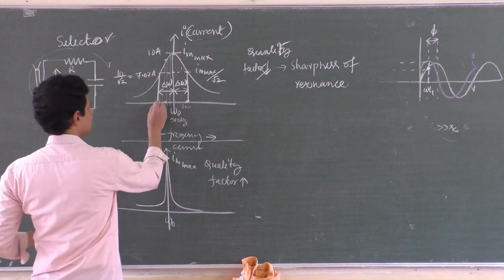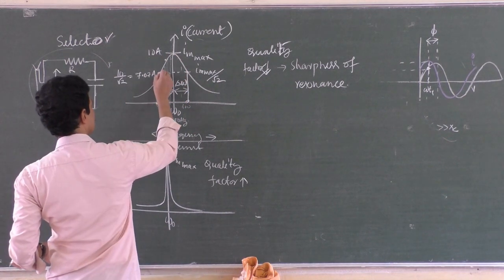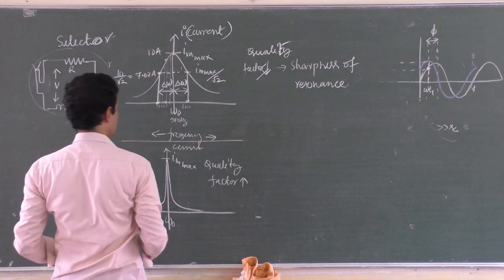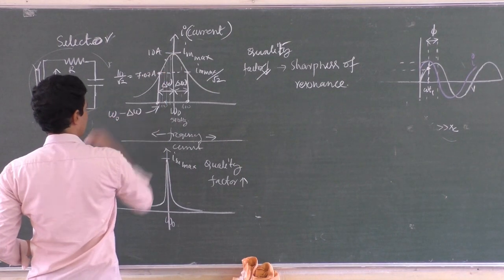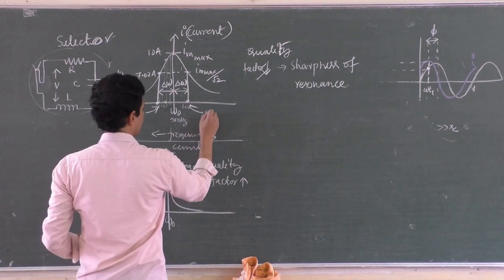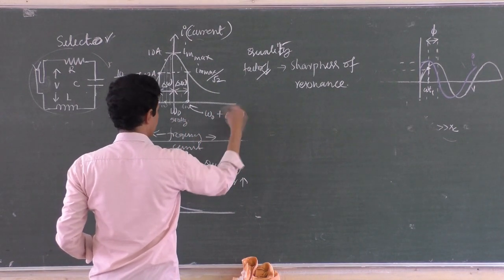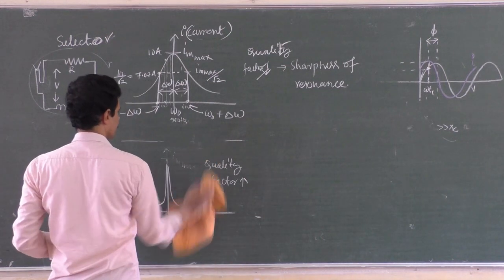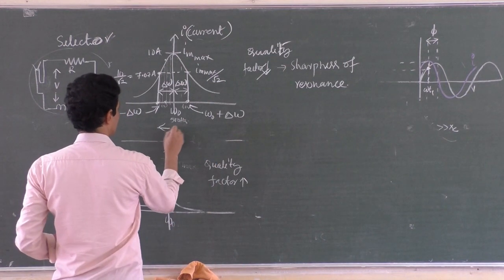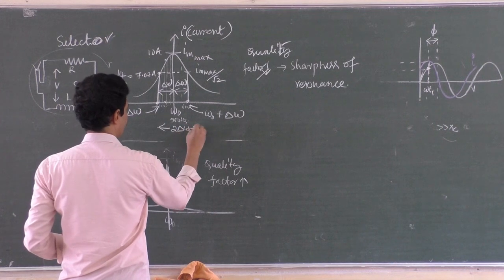Below the resonance frequency, there is another frequency where the current drops to 1 by root 2 of the maximum value, and I call these omega naught minus delta omega and omega naught plus delta omega. Am I right? And I call this width 2 delta omega, and this is called bandwidth.